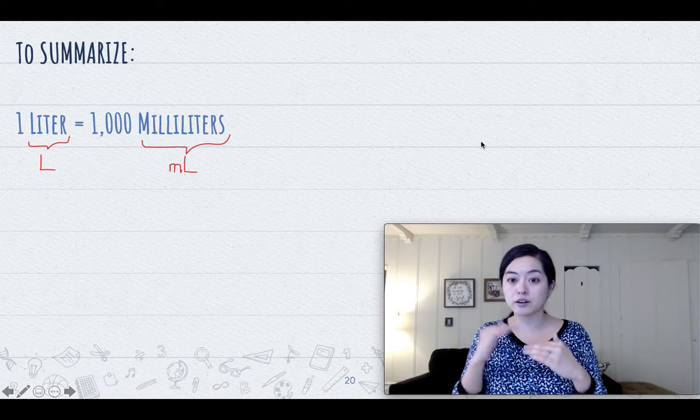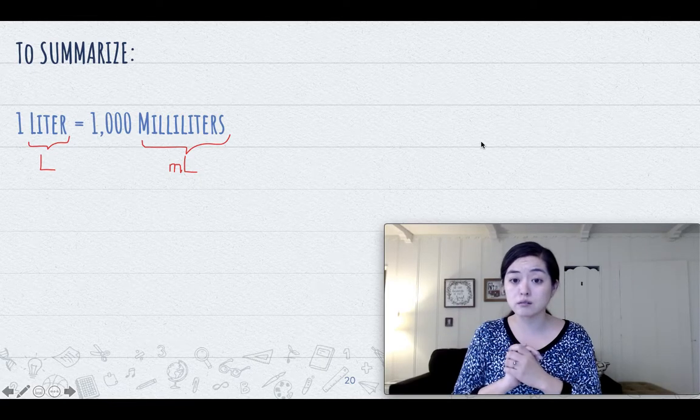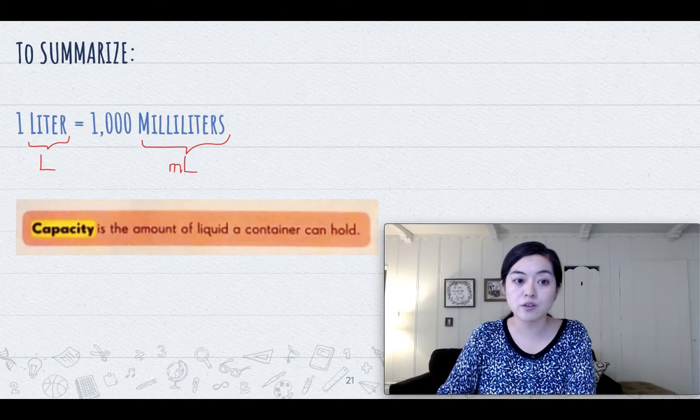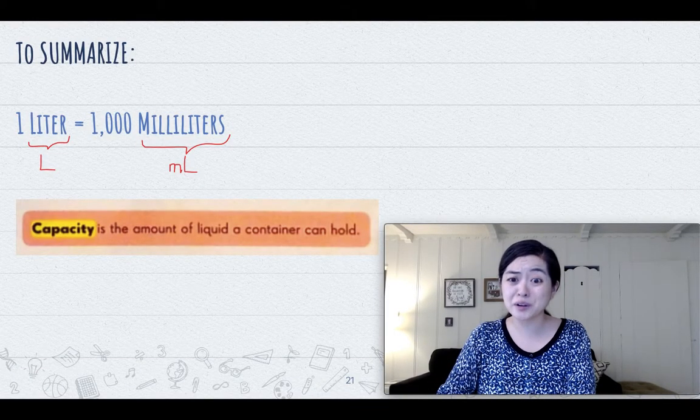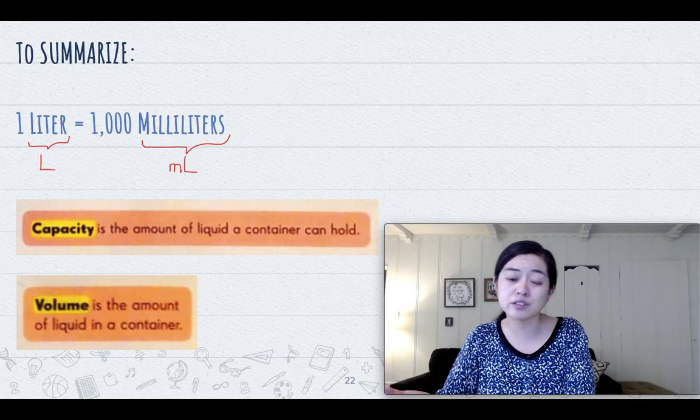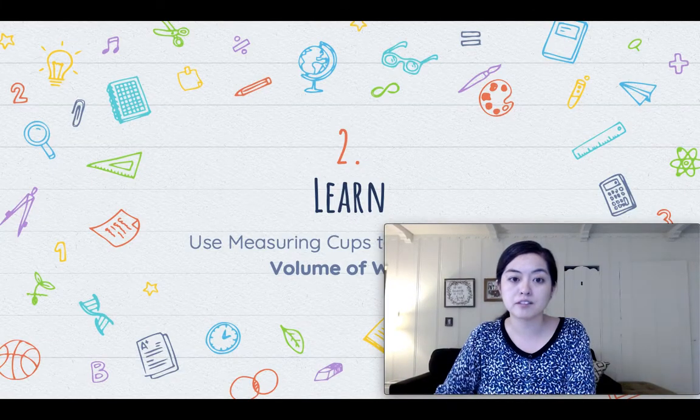So just be careful when you write the units down in your answers. Also, capacity is the maximum amount of liquid a container can hold, while the volume is the amount of liquid inside the container itself.